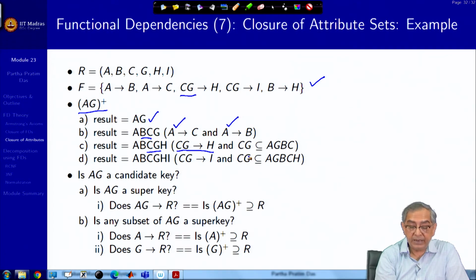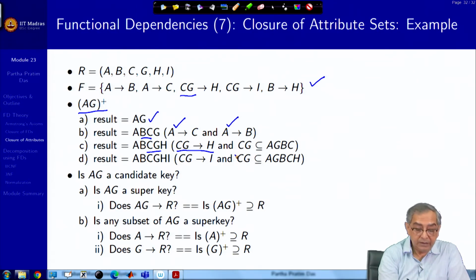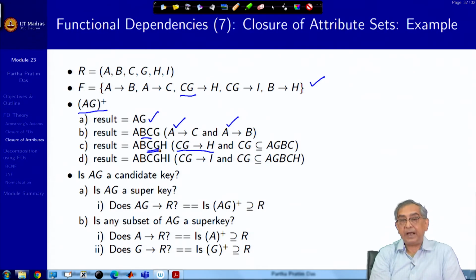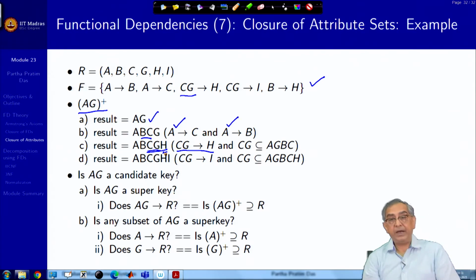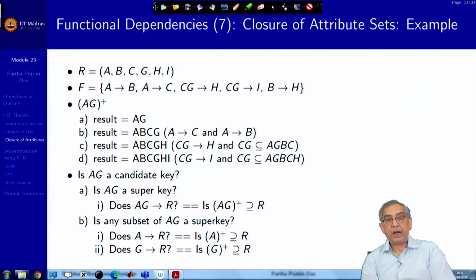So, CG determines H, and H gets included. This CG was already included, so CG determines H, and H gets included. And finally, CG determines I. So, in the same way I also gets included. So, this is your closure of the set of attributes AG with respect to the functional dependencies.